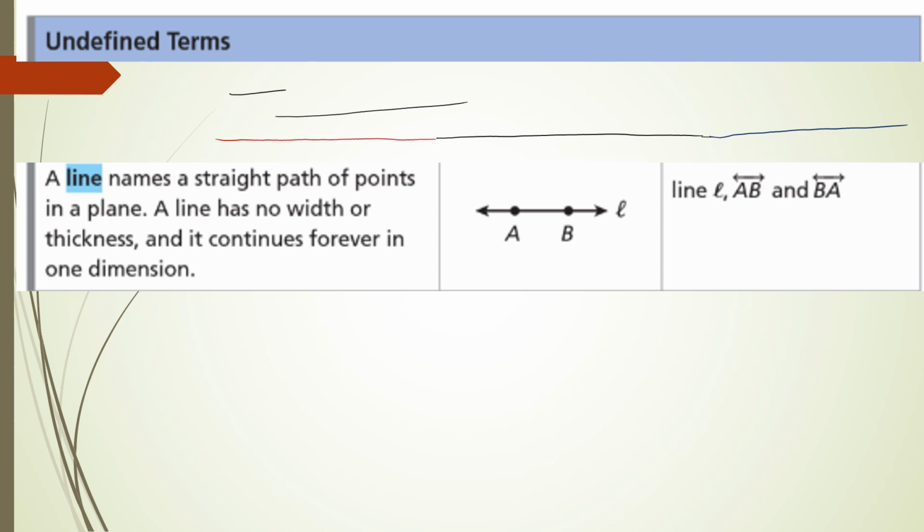Meaning a never-ending line. They don't know how thick the line is. The line can be thin or thicker. So the dimensions are not known, the thickness is not known, so the line comes as an undefined term.